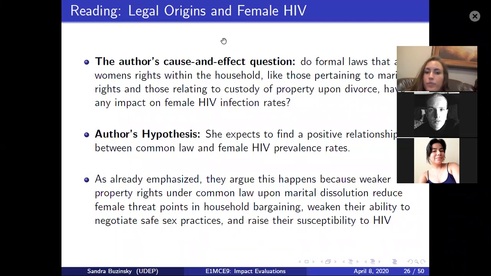Okay, so let's look at the cause and effect question. We talked about this in chapter 1. It's basically your research question.